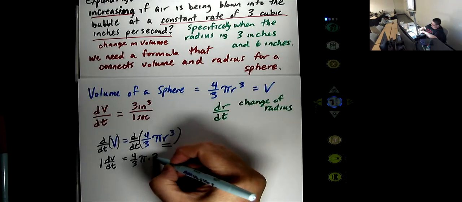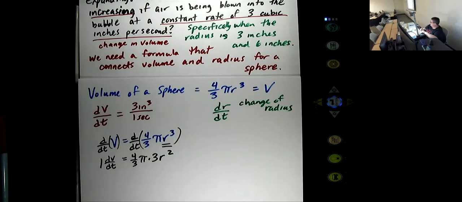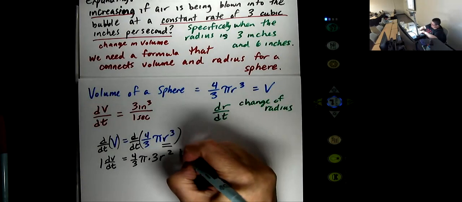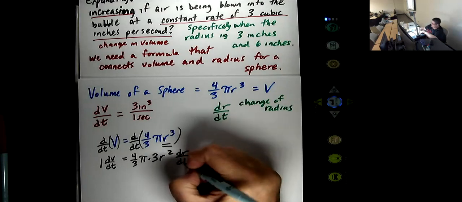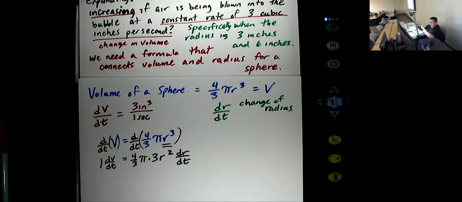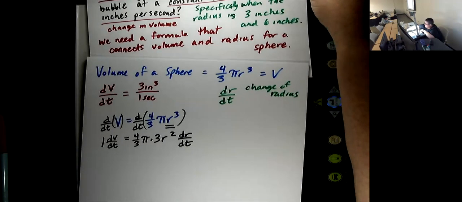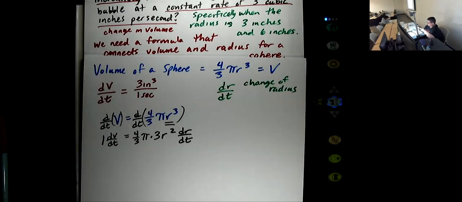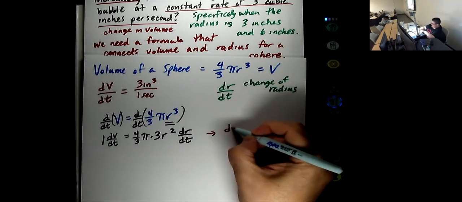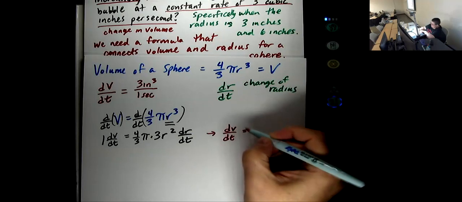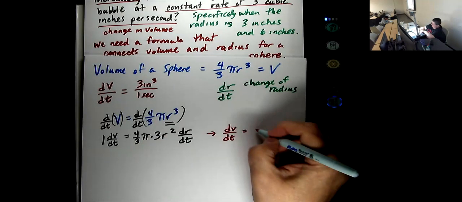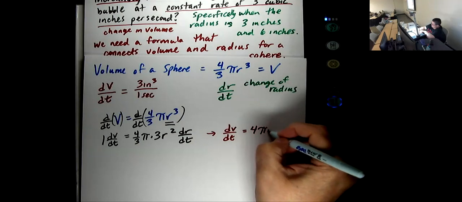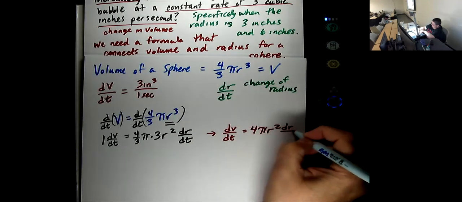The 3 comes down, the exponent drops to 2, and then I have to do dr/dt. If I clean this up, I have dV/dt equals, it looks like the 3's cancel, and I'm left with 4 pi r squared dr/dt.